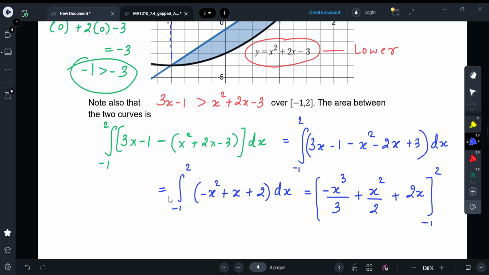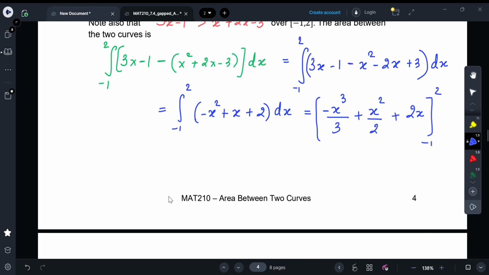So what are we supposed to do? Again, we are supposed to make two big brackets, separated by a negative. In the first bracket, I replace the x with the upper limit, which is 2. So everywhere you see x, be careful with the negative, okay? The negative is separate.